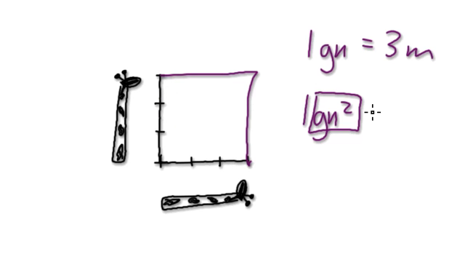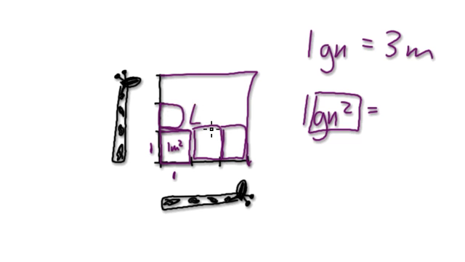Now, 1 giraffe neck would equal, well, this is 1 meter. So 1 meter squared is this thing here. Now, you're going to need another one here, another one here, and so on.